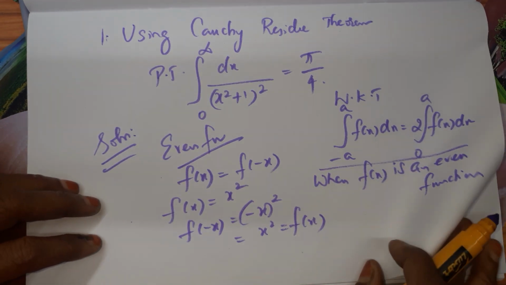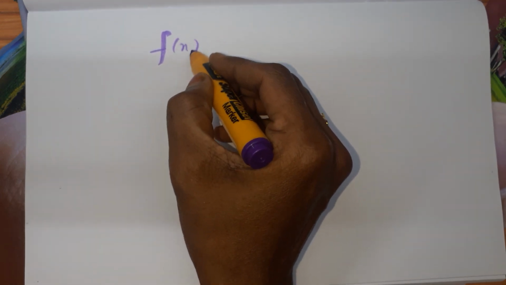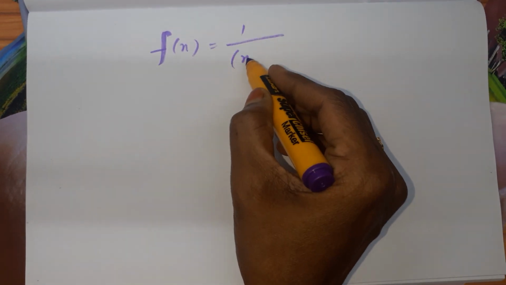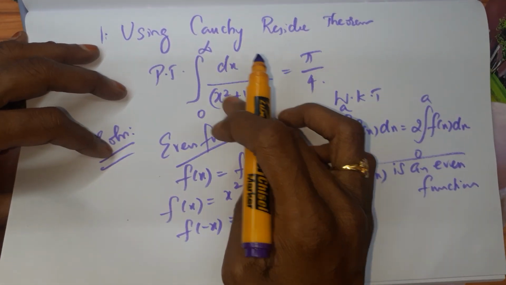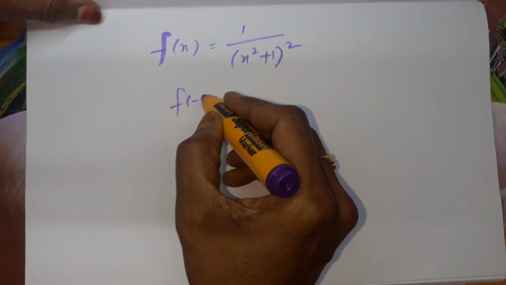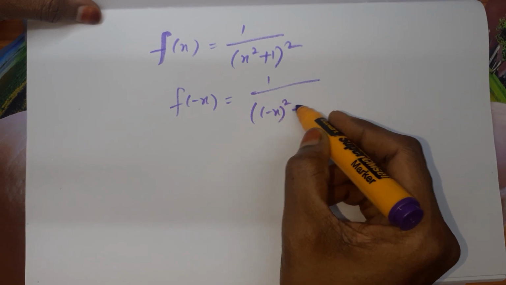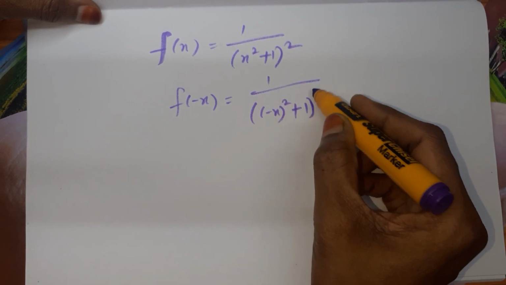For example, here if I take the function f of x is equal to 1 by x squared plus 1 the whole square, that is the given term. Now leaving dx, whatever we have, I have taken as f of x. F of minus x is equal to 1 by minus x the whole squared plus 1 the whole squared.